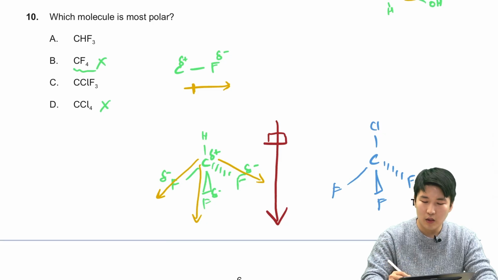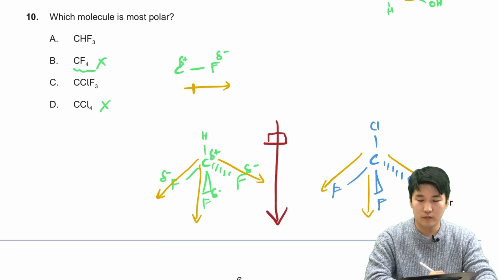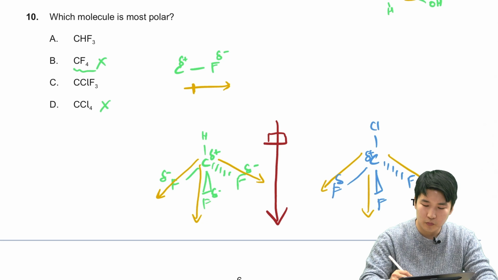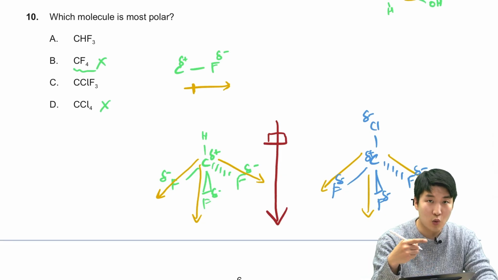Similarly, there will be 3 dipoles, but in fact, there's another dipole that was not present in the previous molecule. What is that? We have the additional CCl dipole moment because chlorine is more electronegative than carbon.